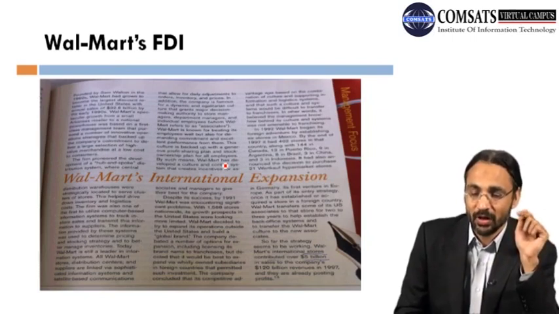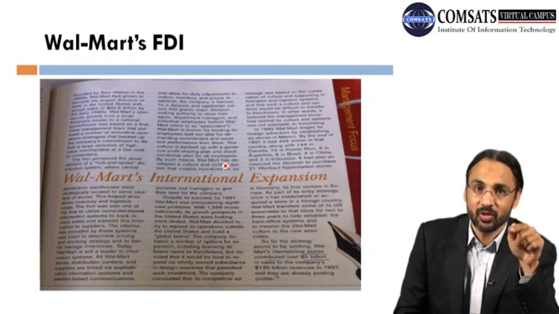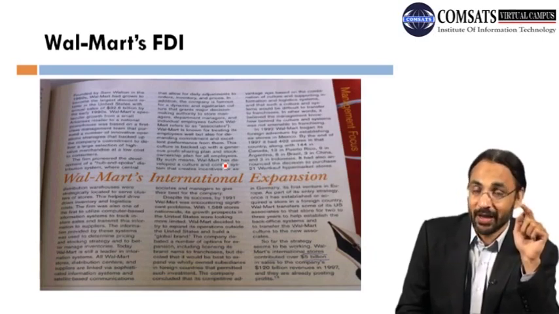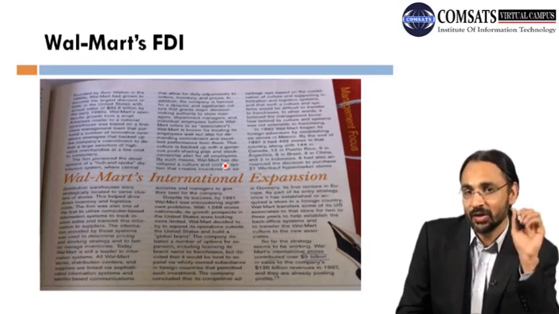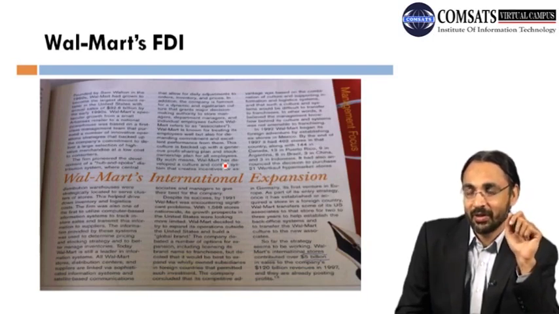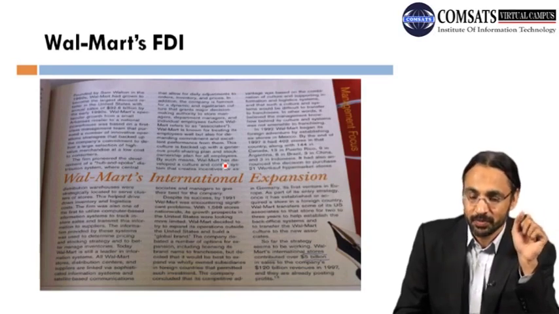On this basis, Walmart decided that it was not possible to do the licensing mode. As we discussed already, when the competitive advantage of a firm lies in its management or processes, it is really difficult to control that management, marketing or those processes, and rather these firms prefer to adopt the FDI mode.